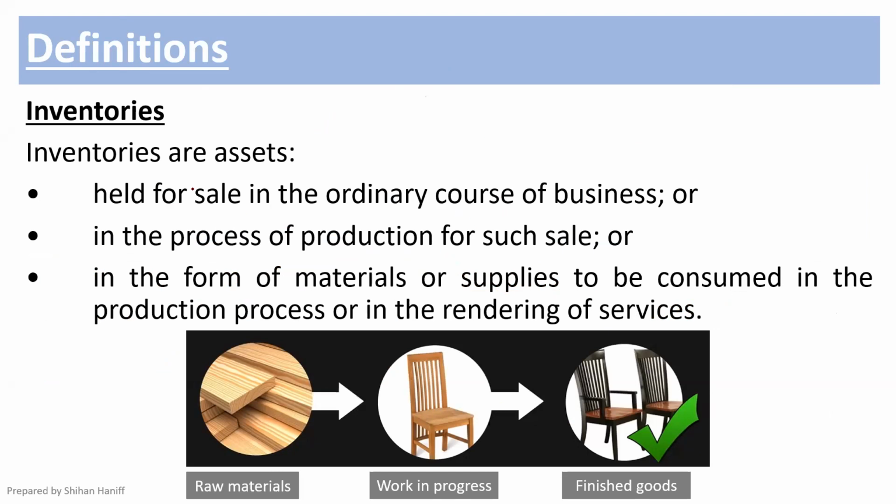Now let's see what is meant by inventories, the definition of inventories. Simply, there are three types of inventories in a business: raw material, work in progress, and finished goods.